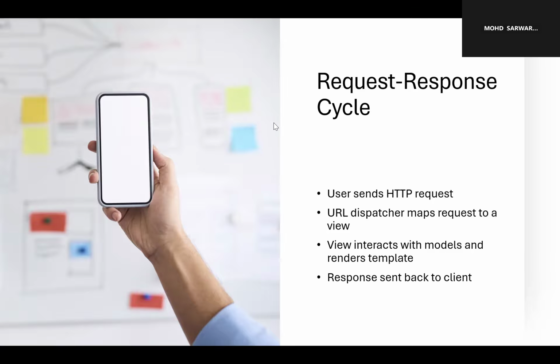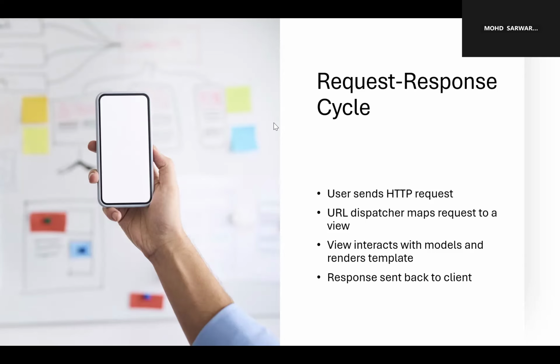The view may interact with the model and then render a template. Finally, Django sends the response back to the user's browser. This complete journey is called the request and response cycle.